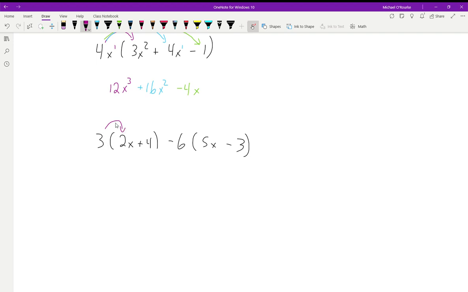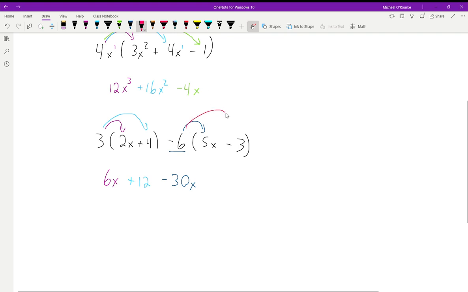So 3 times 2 is going to be 6x. Then we're going to have 3 times 4, which is going to be plus 12. Now when we go to multiply this in, that negative is with the 6. So negative 6 times 5 is negative 30x. And then we have negative 6 times negative 3, which is positive 18.